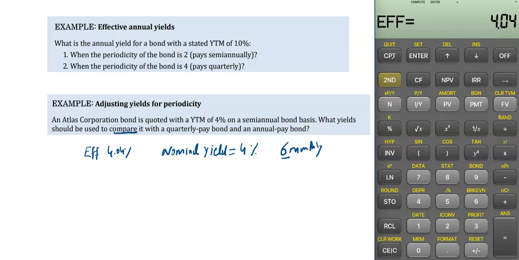In order to have a comparison, effective annual rate should be the same. So calculate the nominal yield in case of quarterly paying bond. Quarterly, there will be 4 times compounding in a year. Keep the effective annual rate same, compute the nominal rate, that will be 3.98%.